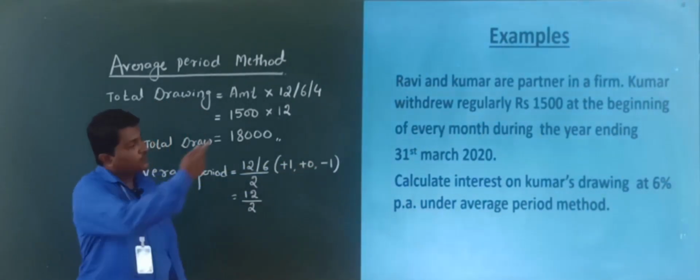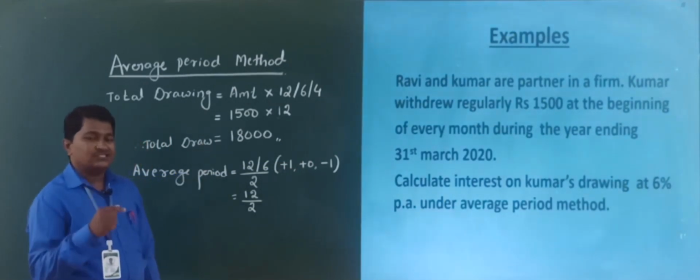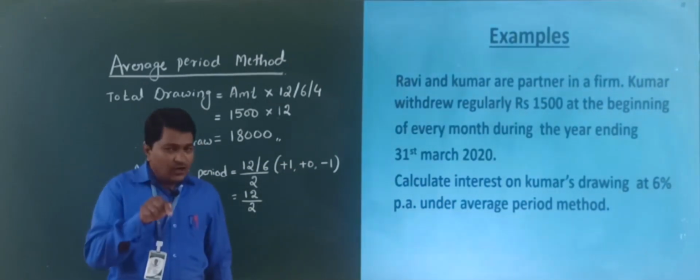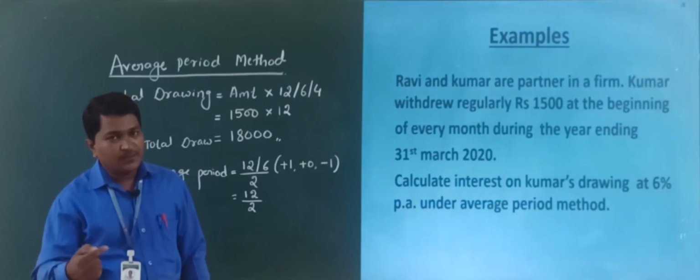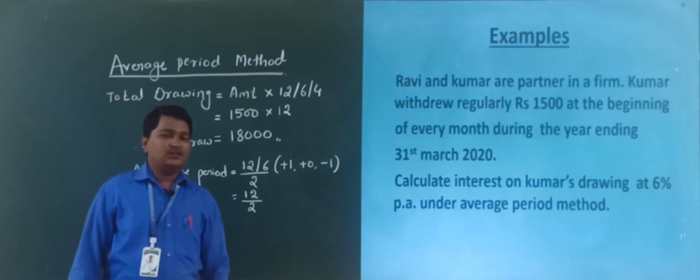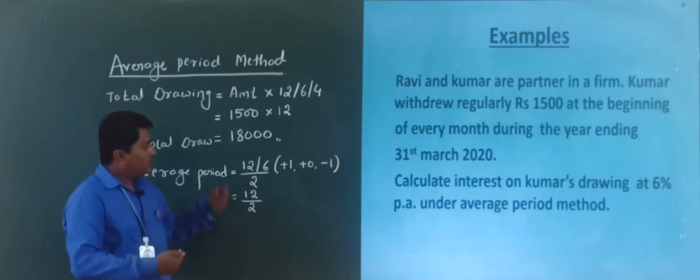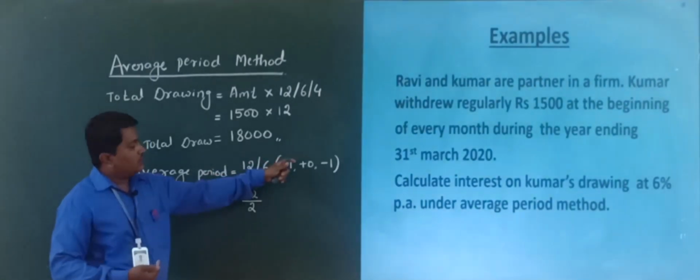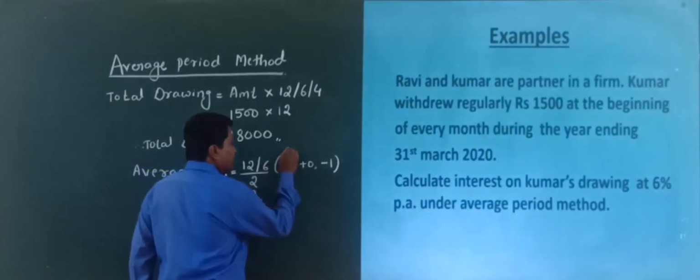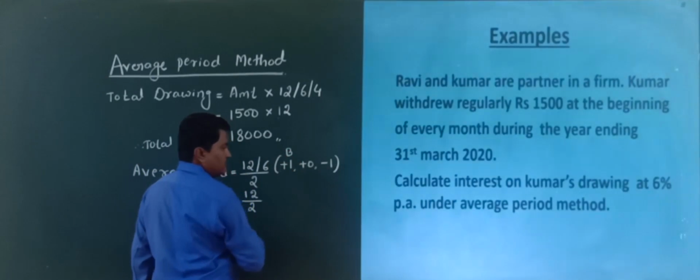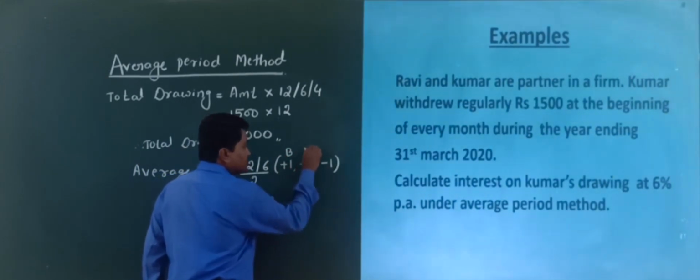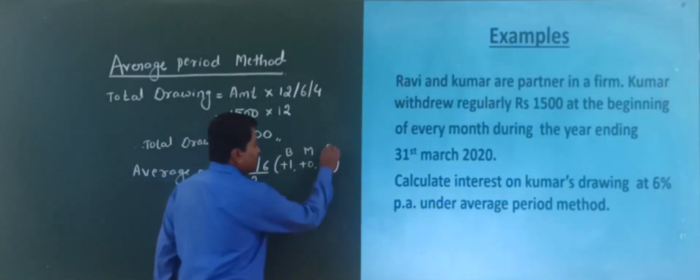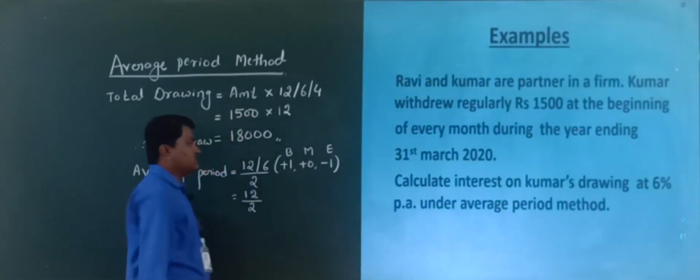It depends upon the question again. In the question, he withdrew at the beginning of the month, middle of the month or end of the month. As I already told in the previous class, if it is beginning, plus 1; if it is middle, plus 0; if it is end of the month, minus 1.